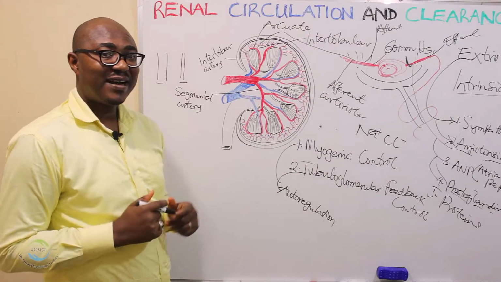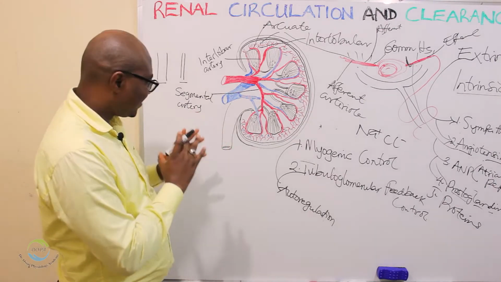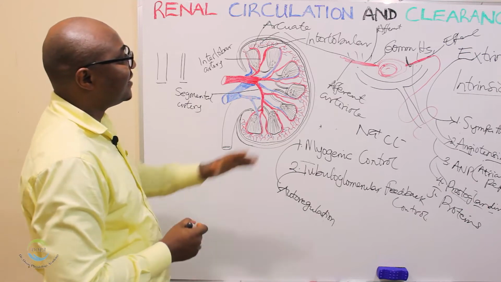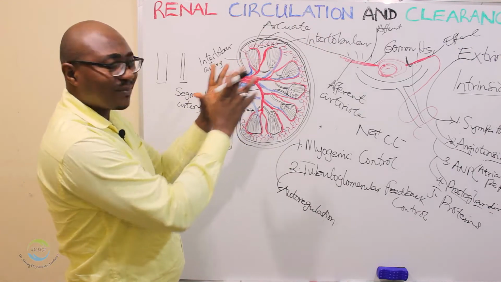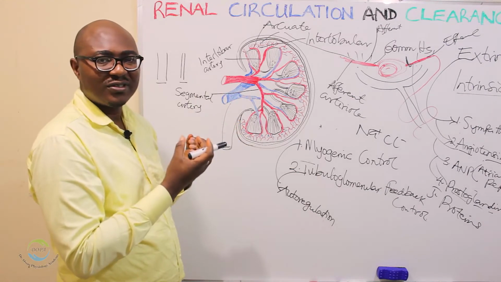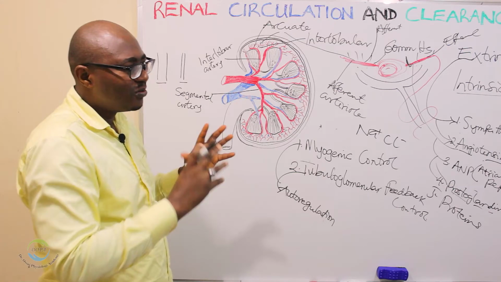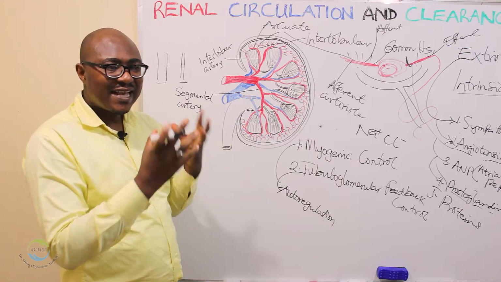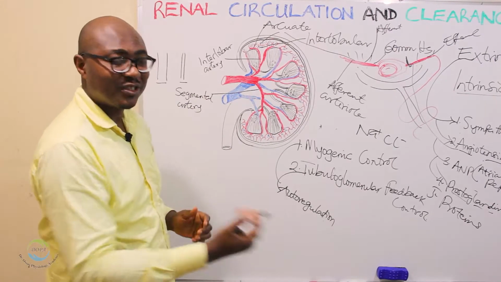All right, welcome back. So we want to go into the next major thing that we need to talk about under this topic, and that is clearance. Because the concept of clearance will help us to measure blood flow. You know, discovery of some of these very intelligent, clever methods helps us to do the impossible.